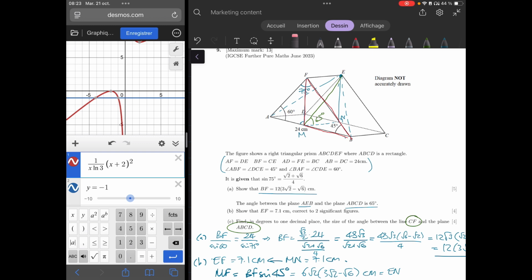I am going to erase these lines to make it a bit clearer. CF. We're still gonna keep point M from earlier. This is a right angled triangle. This is the angle we're looking for.